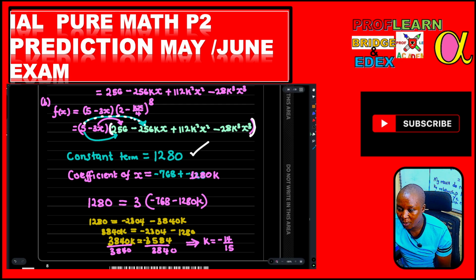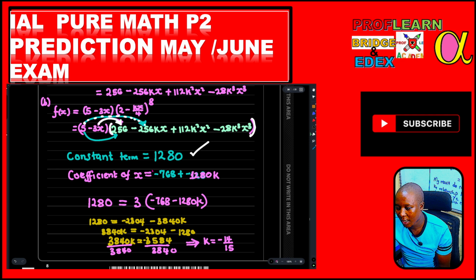And also if you multiply minus 3x times 256, you're going to get a term with x, which is going to be 256 times 3, that's 768.